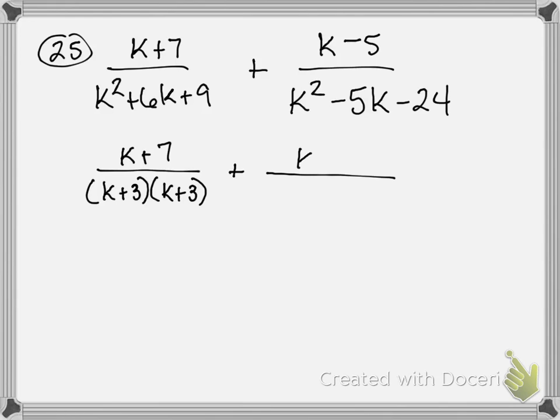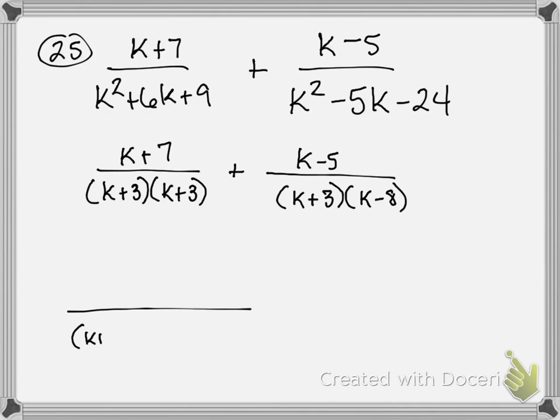Plus, over here, you've got k minus 5. This is going to factor to be -8 and +3. So k plus 3 and k minus 8. So the common denominator is going to have 2 k plus 3's and 1 k minus 8 in it.